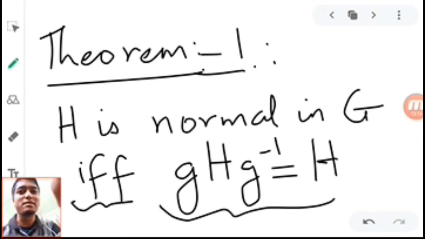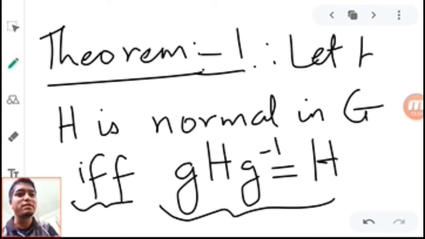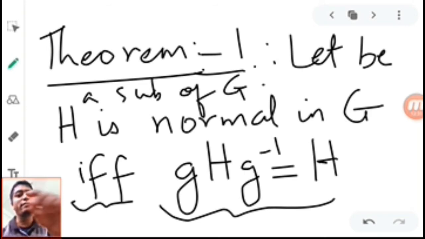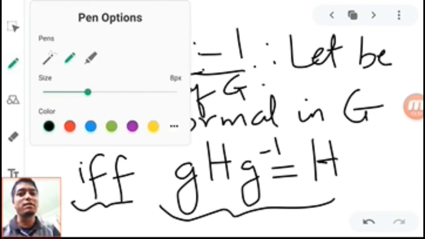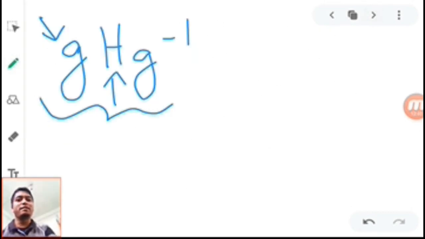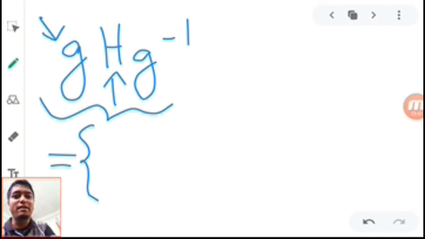Actually, this reminds me, the statement should be like this: let H be a subgroup of G. H is normal in G if and only if g H g inverse equals H. All right, so let us come back to this. This one is also a set.